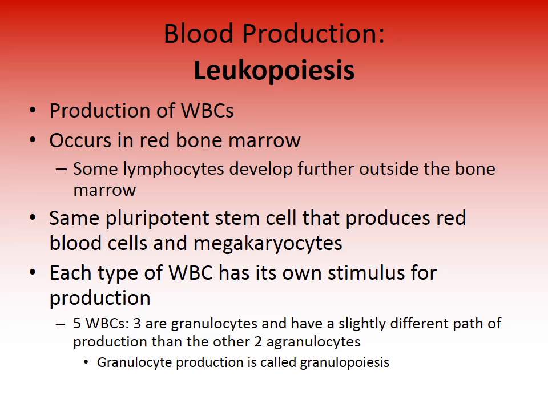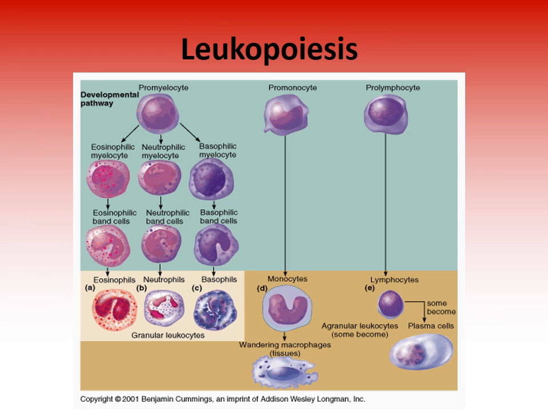So remember, they all come from that one stem cell. Each type of white blood cell has its own stimulus for production, because there are 5 different types of white blood cells. 3 of them are granulocytes and have a slightly different path of production than the other 2, the agranulocytes. And again, remember, the production of granulocytes specifically is called granulopoiesis.